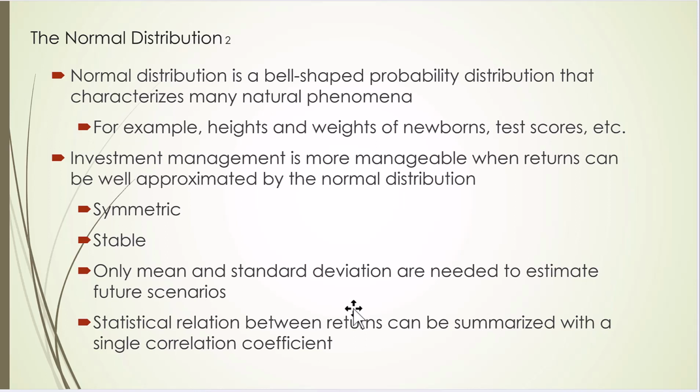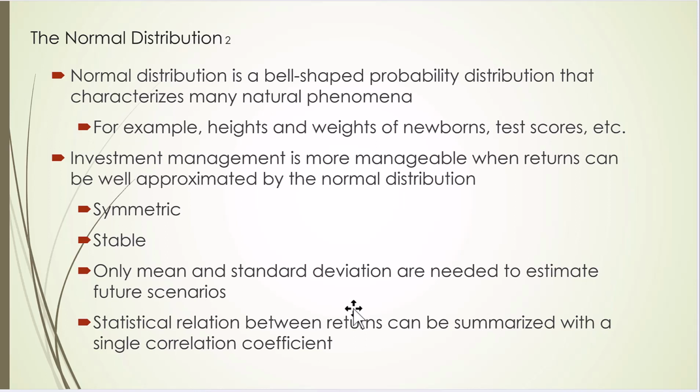So what does that mean? The data is symmetric. It is stable. Only the mean and the standard deviation are needed to estimate future scenarios. So the statistical relationship between returns can be summarized with a single correlation coefficient.